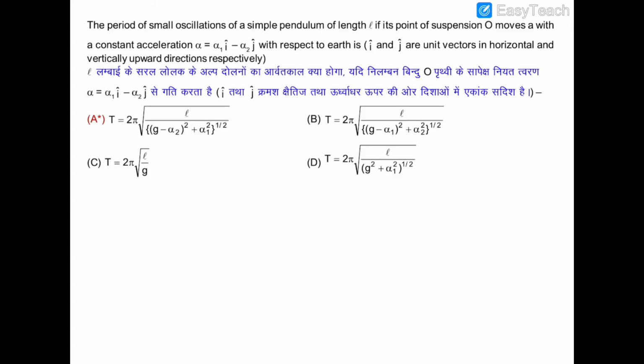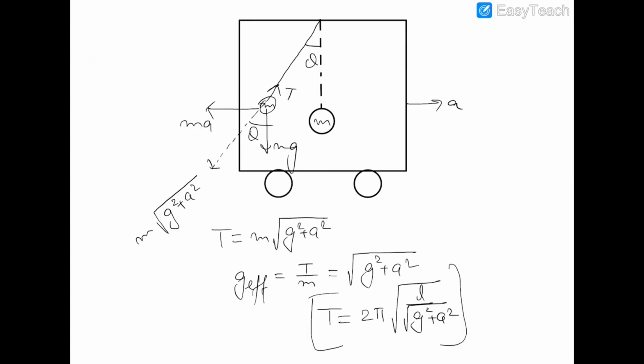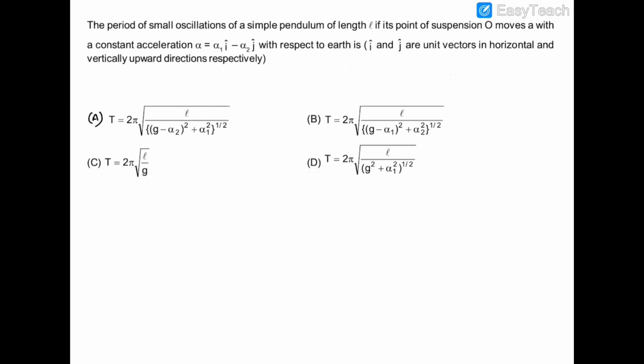Now let us discuss some of the questions which are based on simple pendulums. Let us discuss some numerical problems based on the simple pendulum. In this question, there is a simple pendulum whose suspension point is moving with an acceleration of α1 i cap minus α2 j cap with respect to Earth.